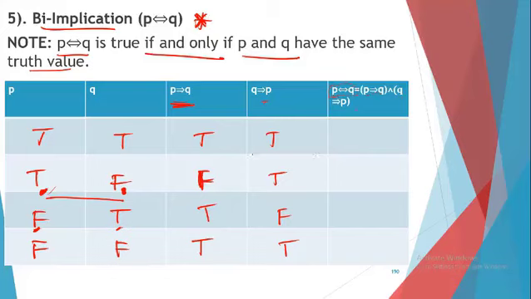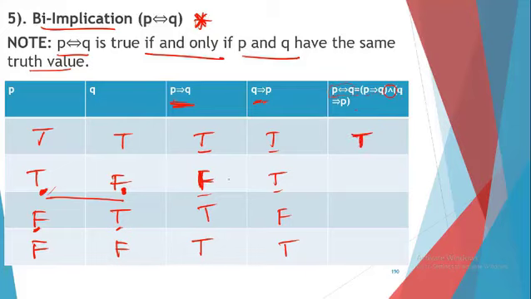Okay, so for this we have T and T, and what would that give us? We have T. Remember, the intersection here is our conjunction. The law we use them in is conjunction, and conjunction tells us that P intersection Q is true only when P and Q are true and false otherwise. So when P is true and Q is true, then the answer is true.